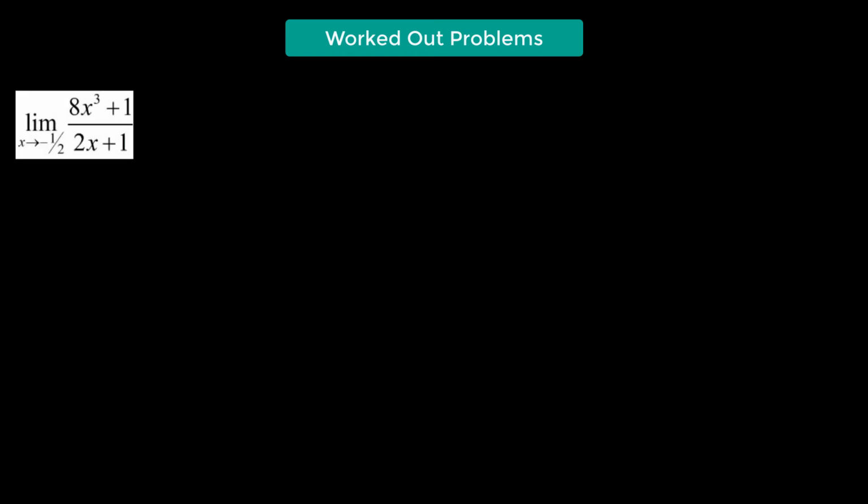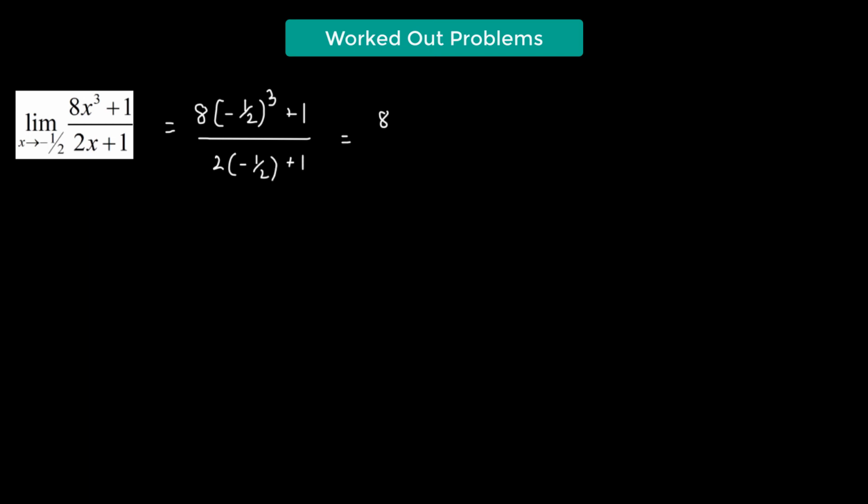So here we have a rational function given by 8x cubed plus 1 divided by 2x plus 1. So we have to find its limiting value when x goes to negative half. So let us begin by substituting the value of x, which is negative half, in place of x. So that will give us 8 times negative half cubed plus 1 divided by 2 times negative half plus 1.